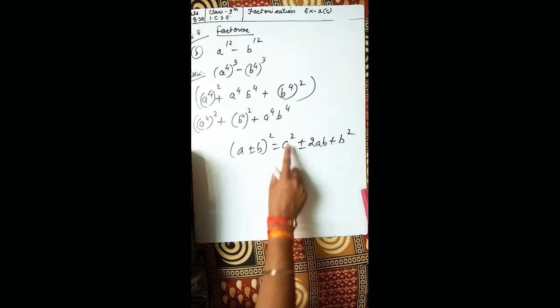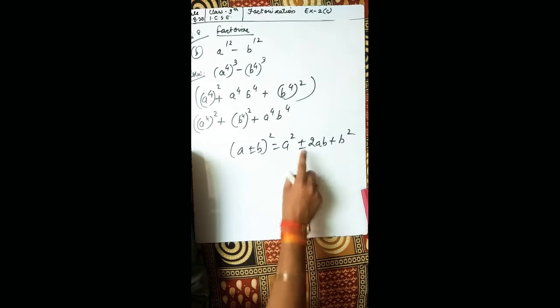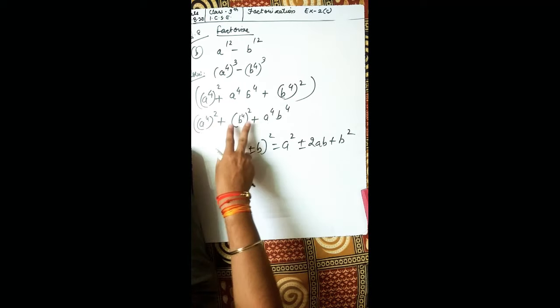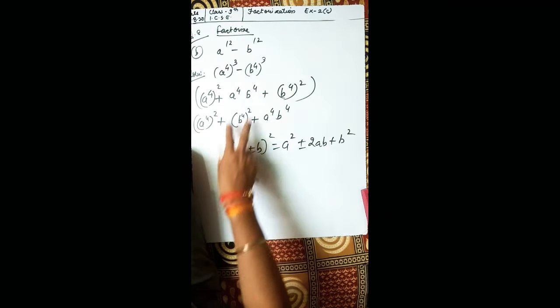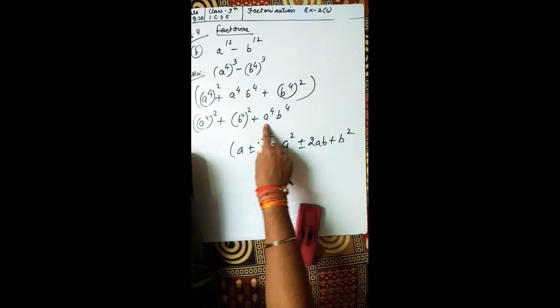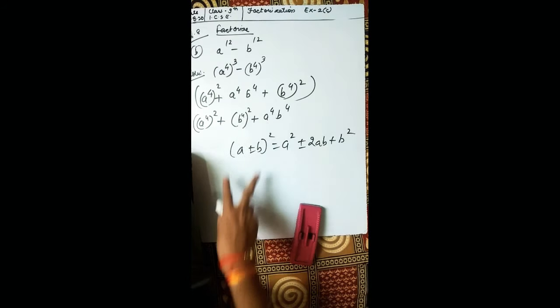The a plus b whole square identity is for the plus, and for the minus it is minus here. So we have a square, we have b square, this is a square, this is b square. And a to the power 4 b to the power 4 here should be 2 a to the power 4 b to the power 4, then only we can use the identity.